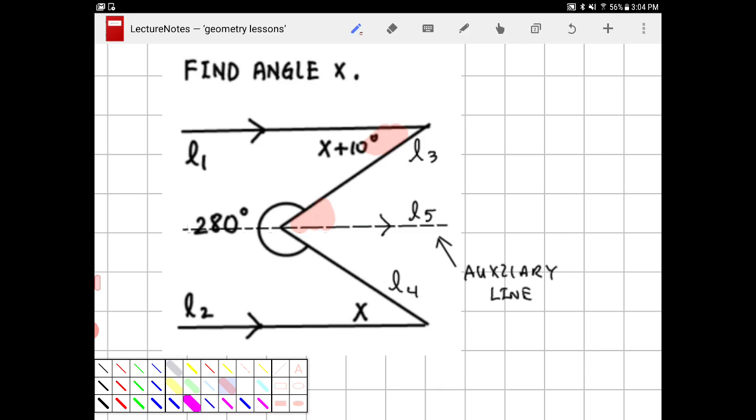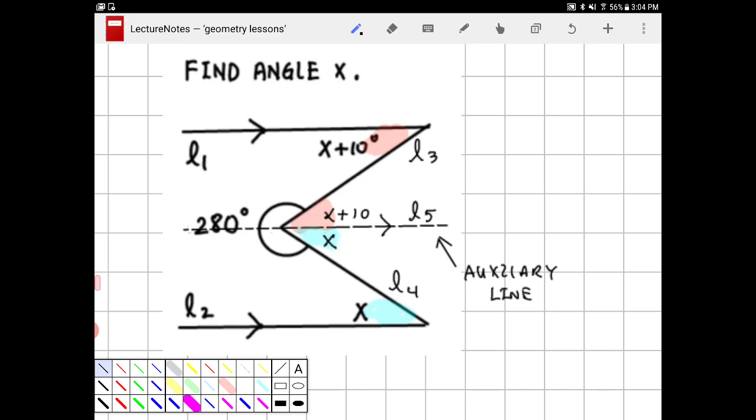And we know that alternate interior angles, because they're in between the two parallel lines, are congruent. So the two angles in pink will be the same, x plus 10. And then the two angles on the bottom, which I'm highlighting in blue, they too are alternate interior angles. Those will measure x apiece.